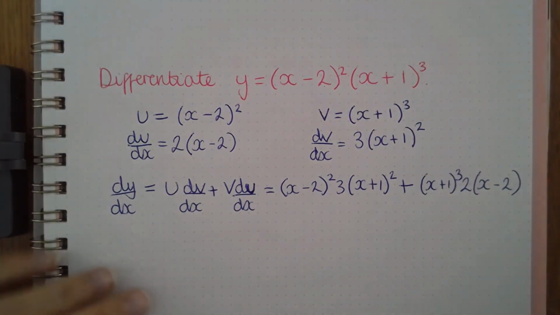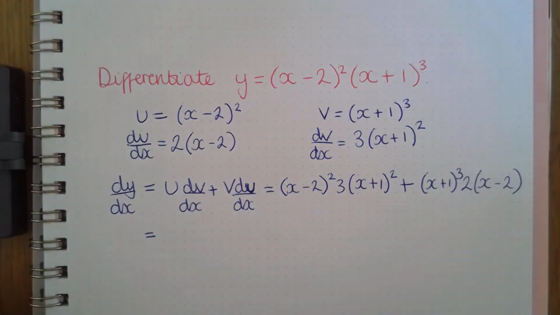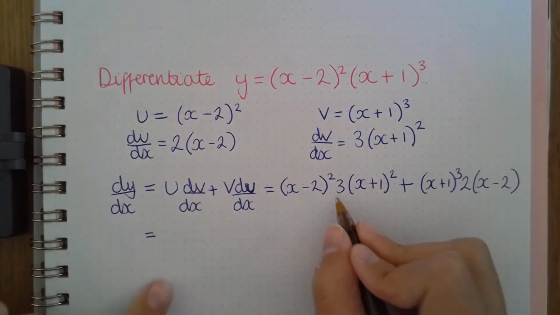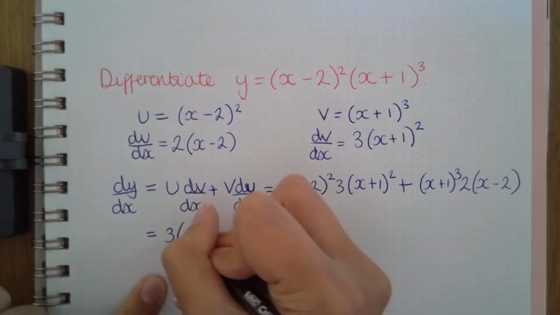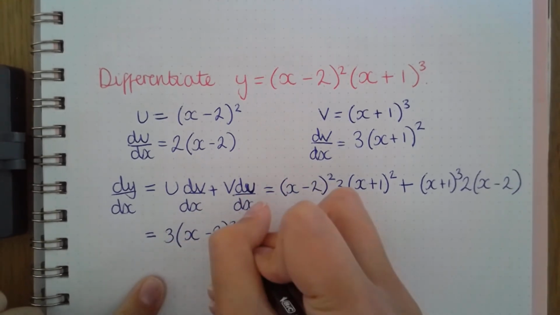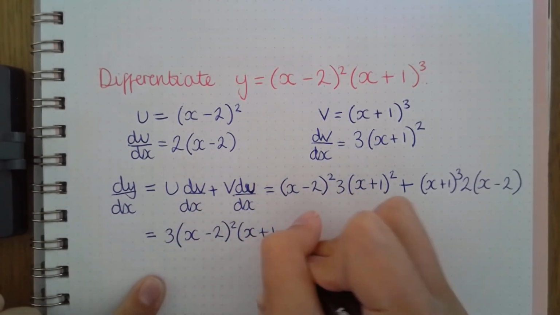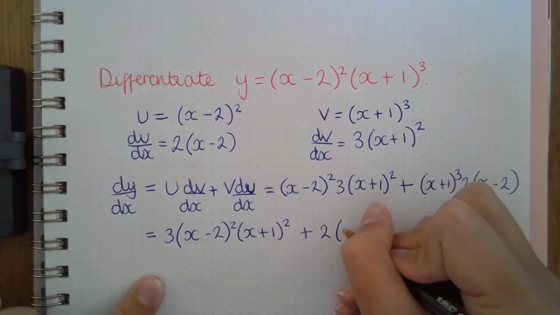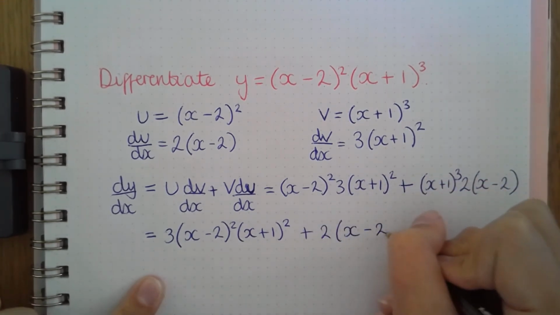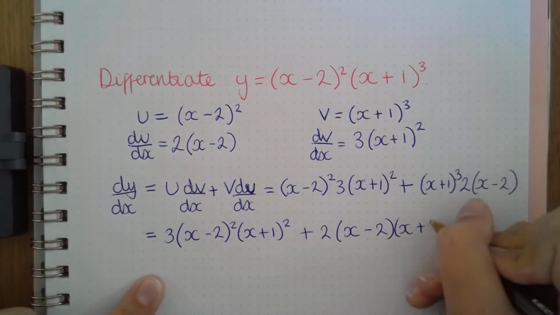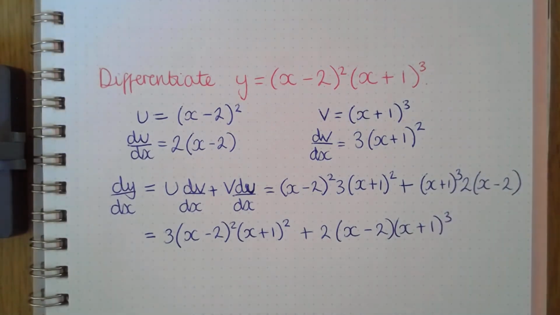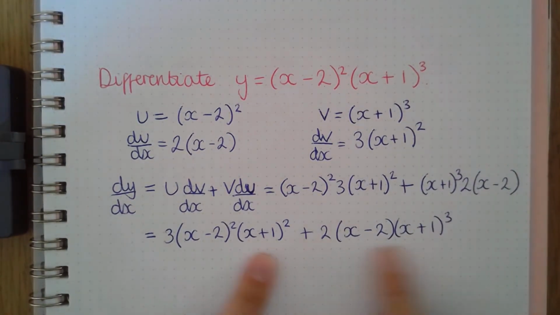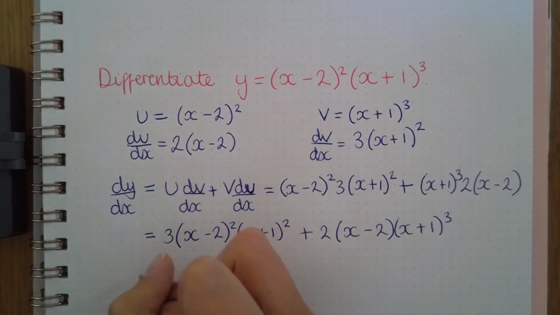Okay, so then obviously we can simplify this. So we get 3 lots of (x take 2) all squared, (x plus 1) squared, plus 2 lots of (x take 2), (x plus 1) all cubed. So I'm going to factorise this. I'm going to take out (x take 2) and (x plus 1) squared.